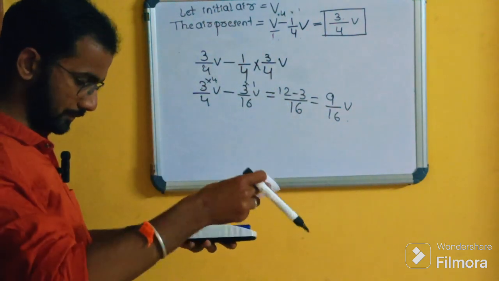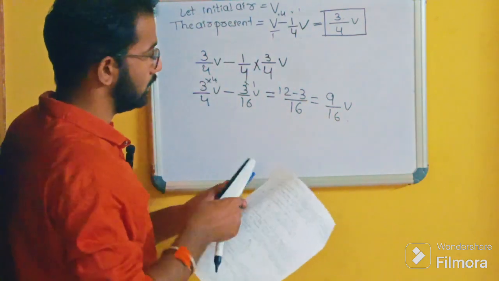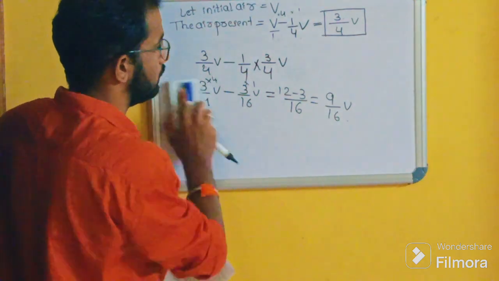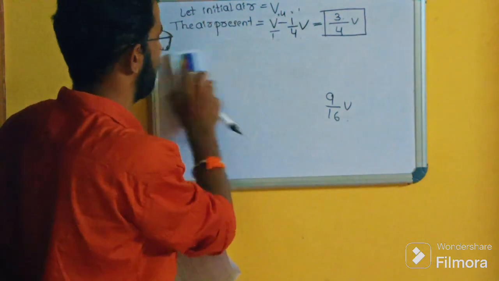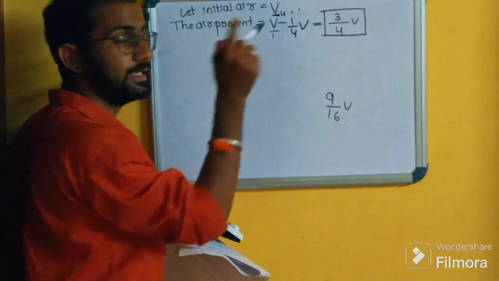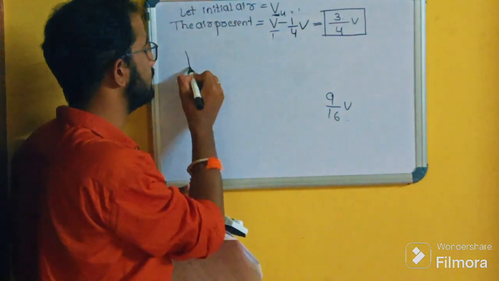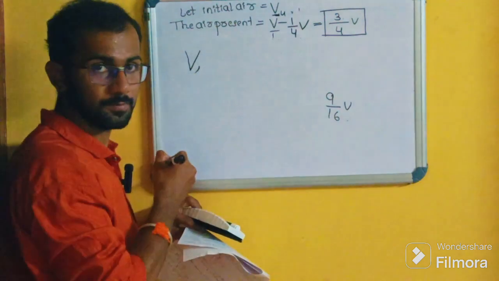Now let's see. We assumed the initial air present in the cylinder is V. That's why it is considered as the first term.